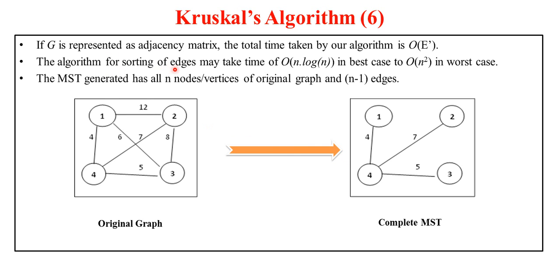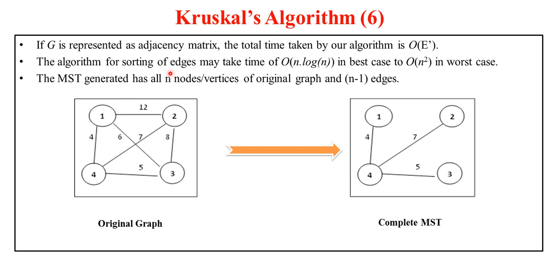Now this particular algorithm will just take a time of big O of e', where e' is the number of edges included in the tree. So it will hardly iterate e' times, or in the worst case it will iterate for all the e edges.